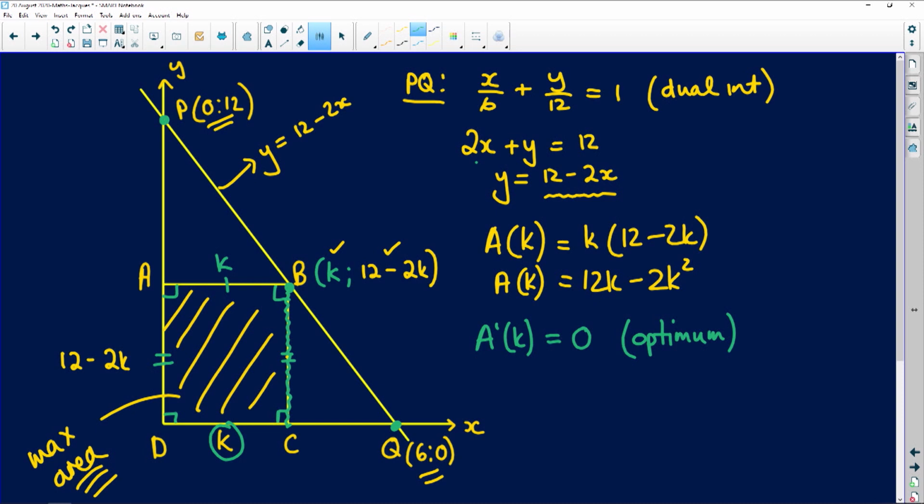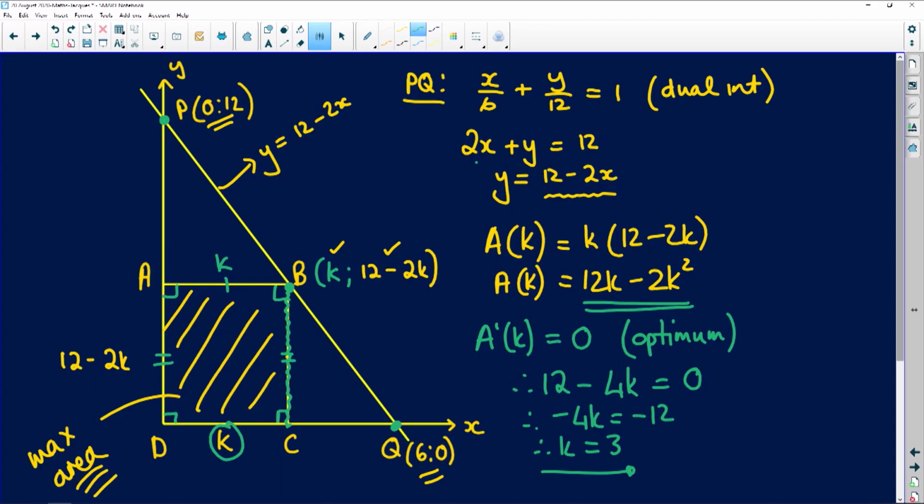If I differentiate this, I get 12 minus 4k, which is equal to 0. So in other words, I am differentiating this equation over there. If I make this equal to 0, minus 4k becomes minus 12, and therefore k is equal to 3. So if k is equal to 3, that's where the area of our rectangle will be optimum.